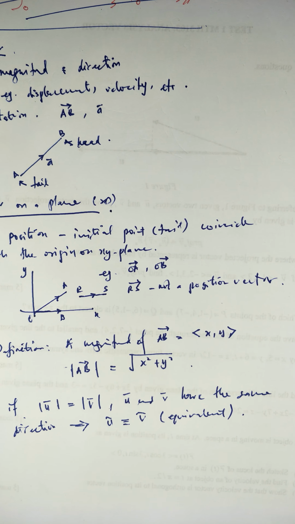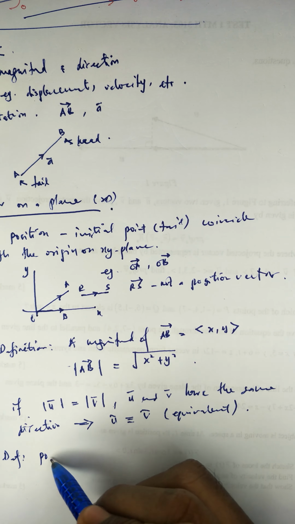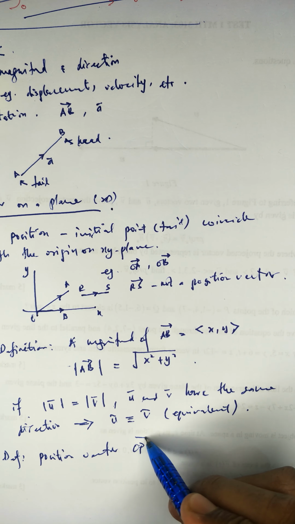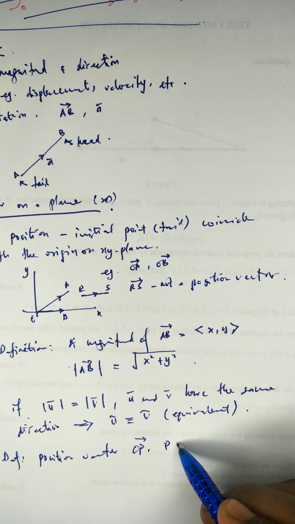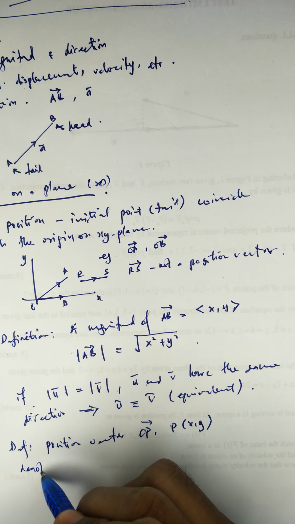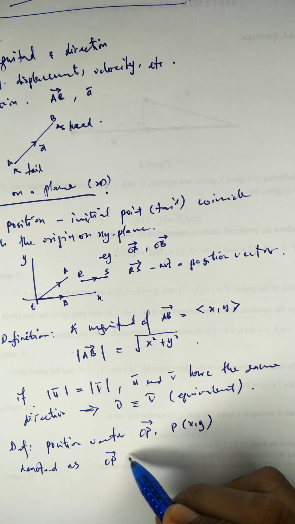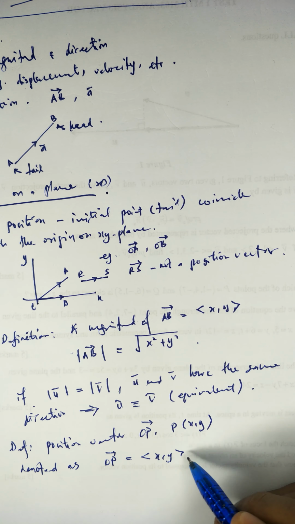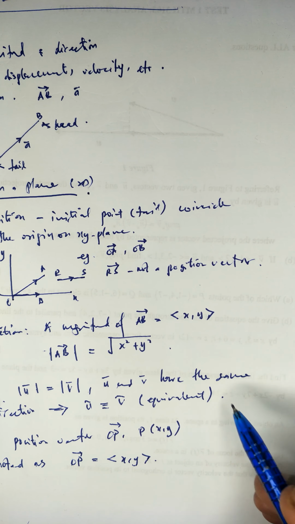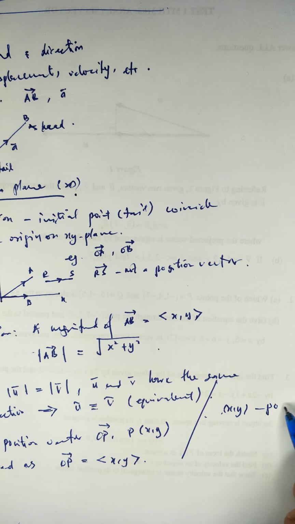Okay, then another definition. This is a very basic definition. Position vector again: the position vector OP, where P is a point (x, y), is denoted as OP equals angle bracket x, y. So please note that if you write x, y in round brackets, this is a point.